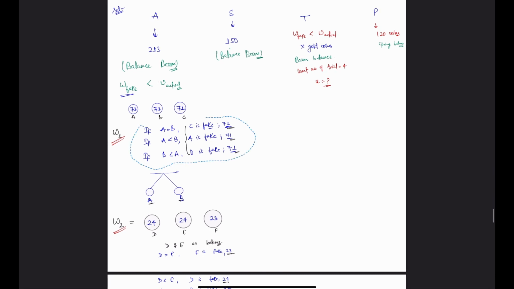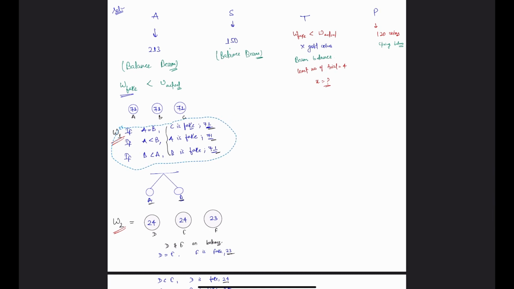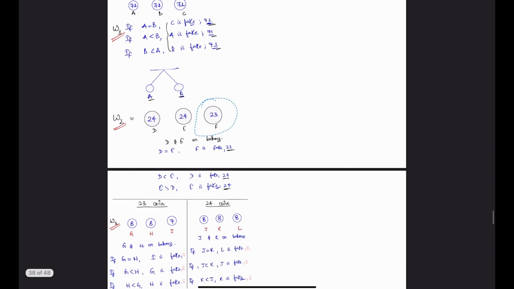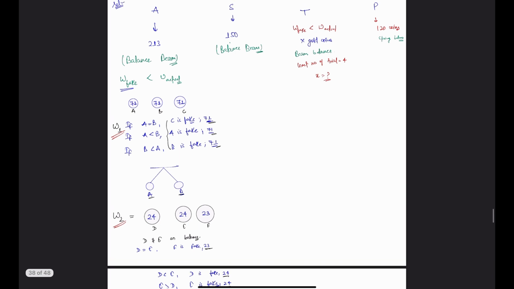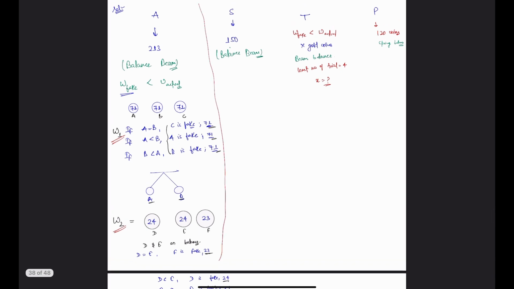Let's just make a little bit more space because we are solving these questions again. The second part over here. So the first part of the question is done, which was about Avi.